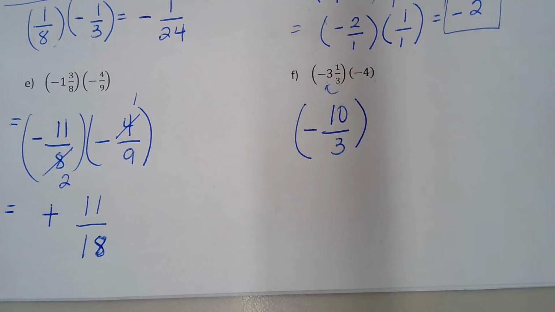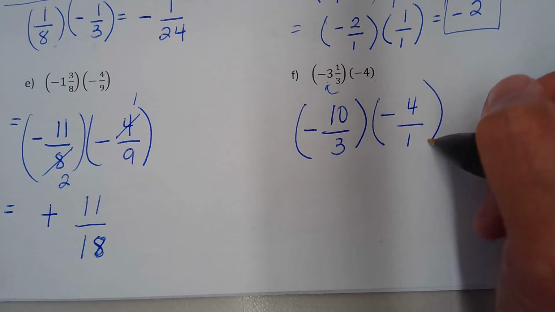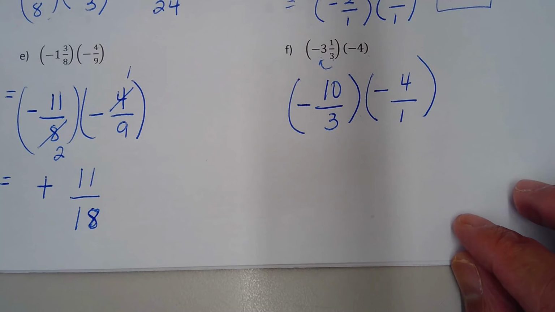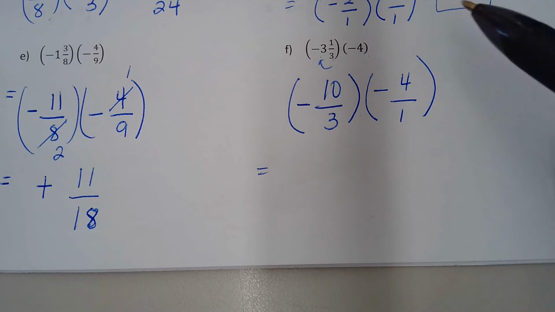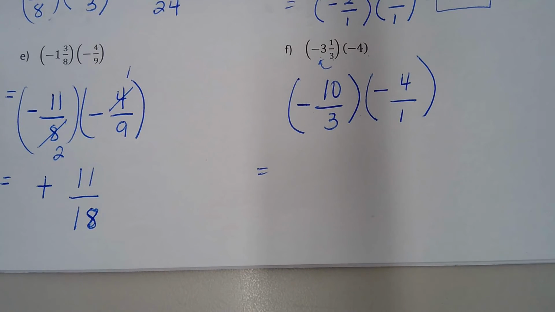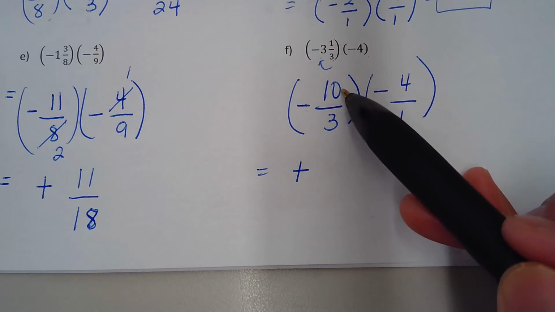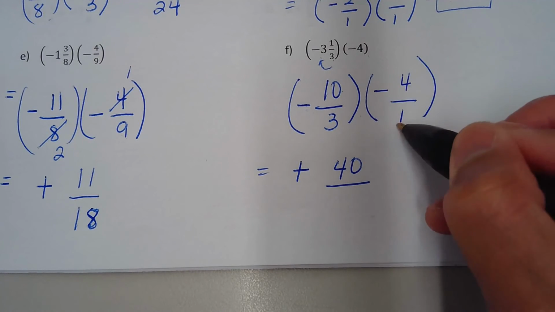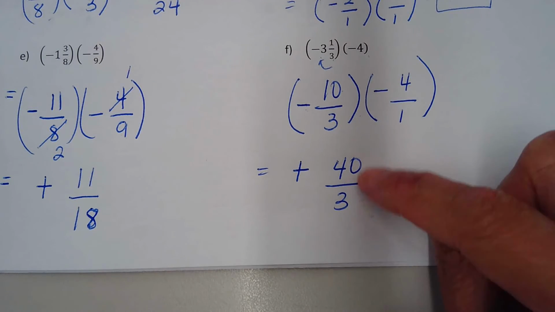That's negative, times negative 4 over 1. Can we reduce anything? No? Okay, so negative times negative is a positive. 10 times 4 is 40. 3 times 1 is 3. Okay, we can write it like that.